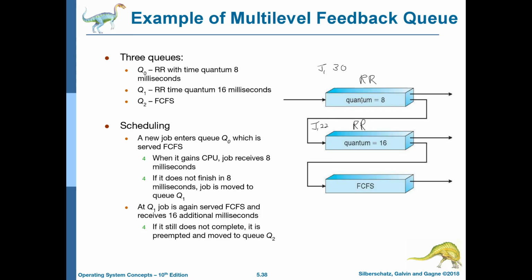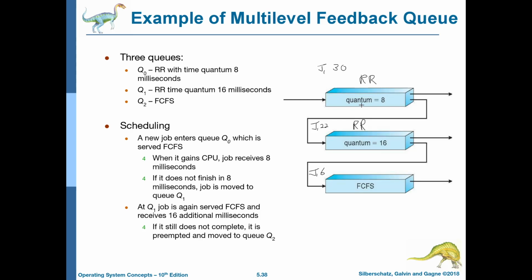All the jobs up here in the Q0 will continue to run, but eventually that queue will empty, and this job can actually run for 16 milliseconds. Since it's not going to complete before the 16 milliseconds, it will be moved down here so that job 1 will have 6 milliseconds still, but it will wait for all of these to complete.